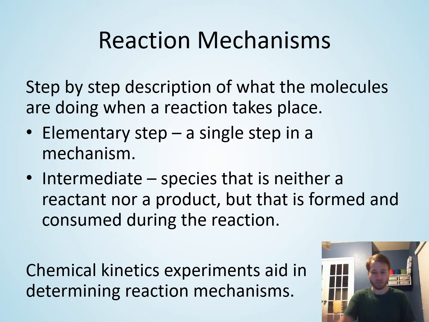This is done all the time in biochemistry, in pharmaceuticals. Pharmaceutical drugs are designed typically to enable or inhibit certain chemical reactions, and the way they are able to determine how to do that is by understanding the reaction mechanisms that they're trying to stop or increase.